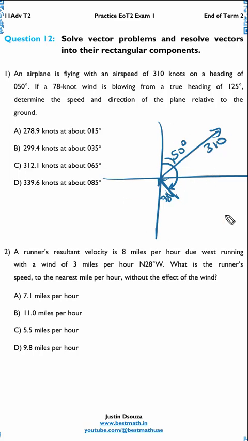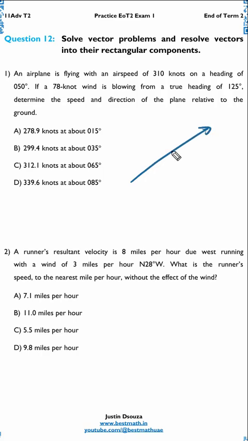Then let me just clear that off and let me write what we know. This was the plane, 310, and this was the wind, that is 78. So from here we know that's 50, and from here total it was 125. So the angle between these two vectors would be 125 minus 50 degrees.